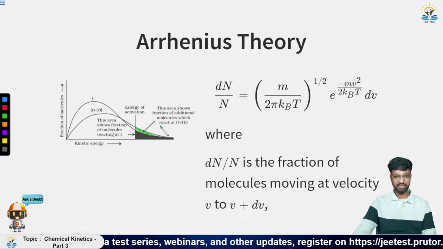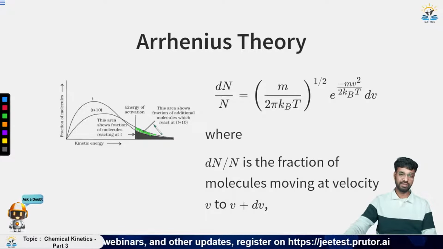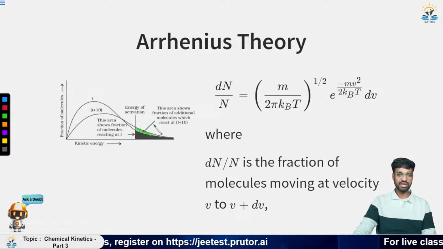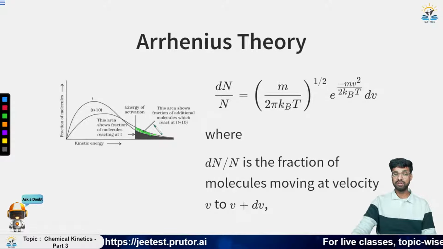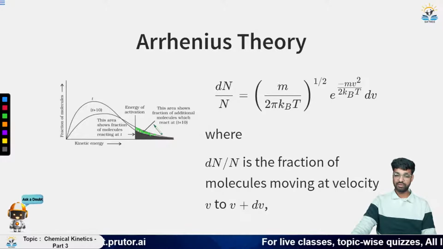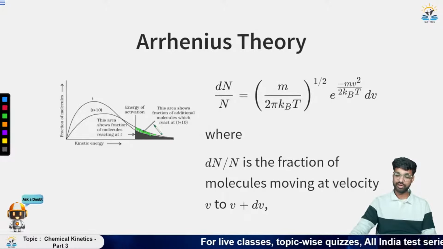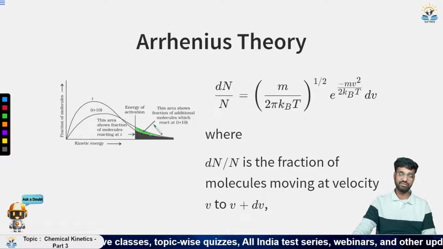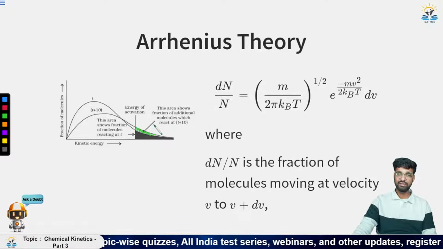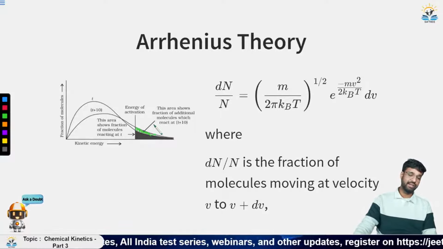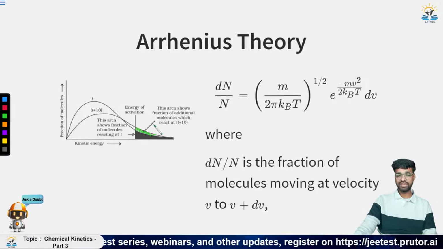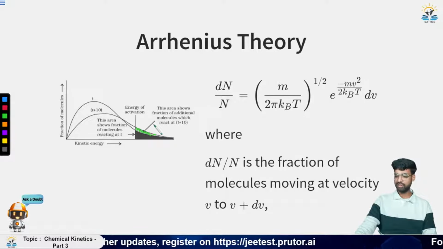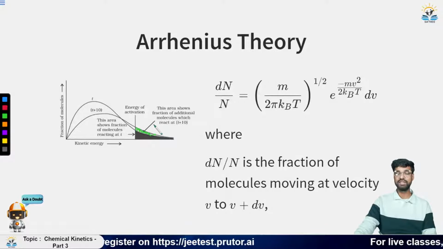Now you can see that of course the fraction of molecules having high energy has increased. This will result in a greater probability of the reactant molecules going to the product, due to this increased kinetic energy of the fraction of molecules. So this is the reason that the rate of reaction also increases, because the rate of reaction is the change in concentration of product with respect to time, or the negative of the change in reactant.